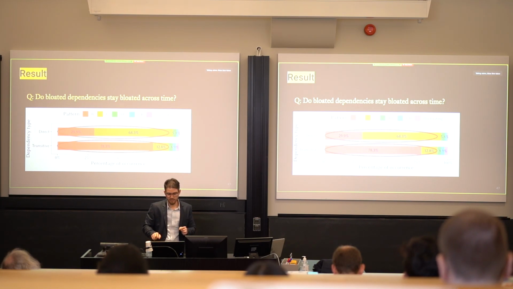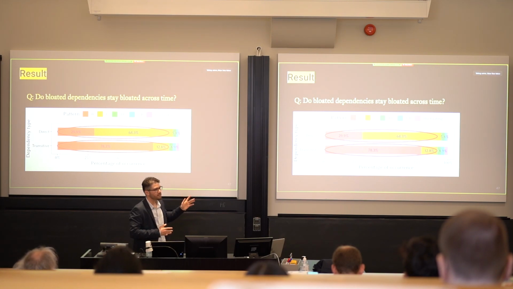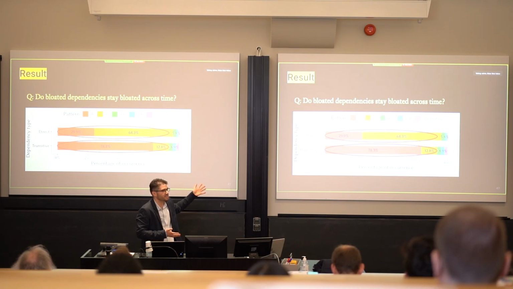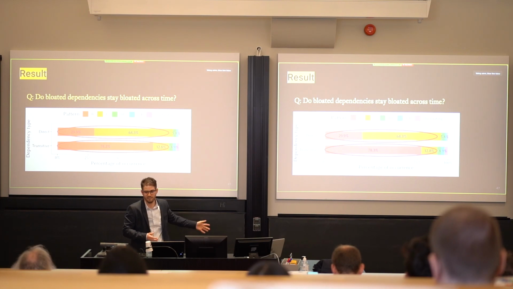The key result here is that 93% of the dependencies that we analyzed actually don't change. They keep the same status. They are either used or bloated. And this happens for direct dependencies and for transitive dependencies as well.